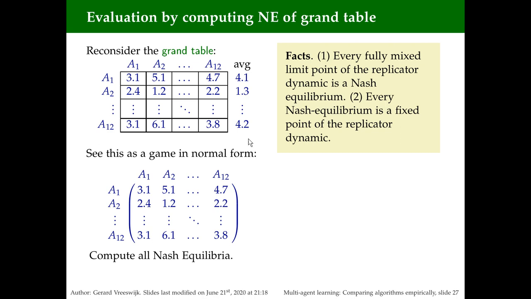I just explained that every fully mixed limit point of the replicated dynamic is a Nash equilibrium, and conversely, every Nash equilibrium is a fixed point of the replicated dynamic. So Nash equilibria and limit points of the replicated dynamic are closely intertwined. They're not equivalent, but almost equivalent.